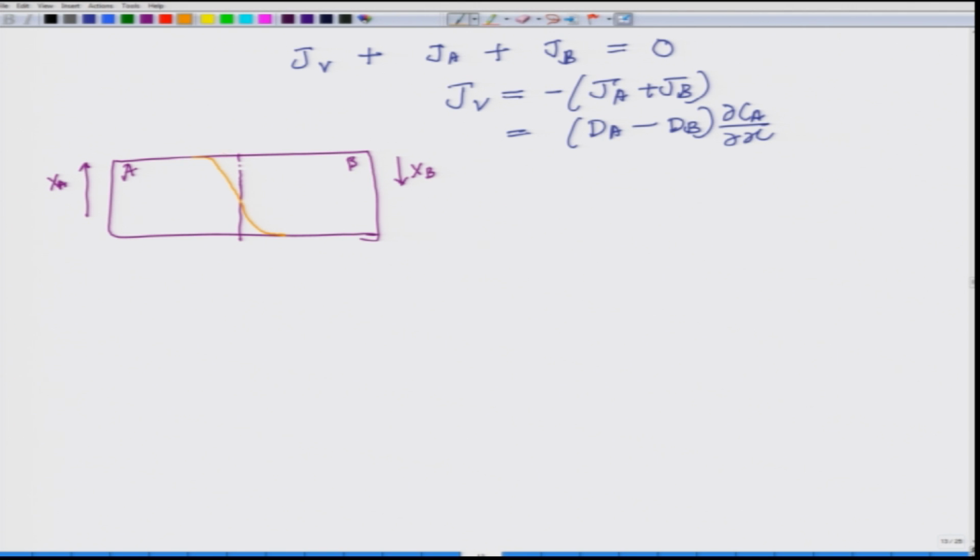So, this is the concentration that we have drawn here for A atom. So, this is C A. Now, if we have the concentration for C A or one of the concentrations, then we can also draw the flux, how the flux would change. So, let us draw J. This is positive flux, meaning moving from left to right, and negative flux meaning moving from right to left, and this is where our assumption, which does not change the generality of the equation, is that J A is greater than J B. So, it will look something like this.